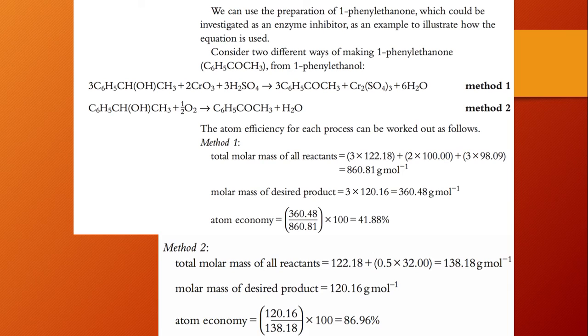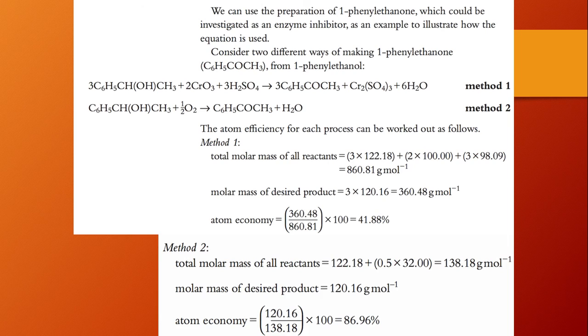So here is one example of comparing atom economy to the preparation of a certain chemical, such as 1-phenylethanone. It's used as an enzyme inhibitor, and there are two methods, two ways we can make this chemical.